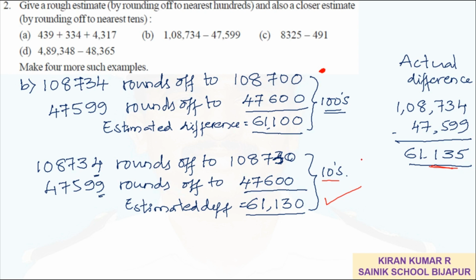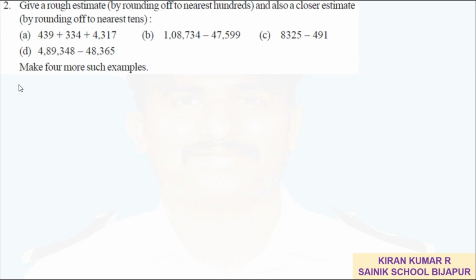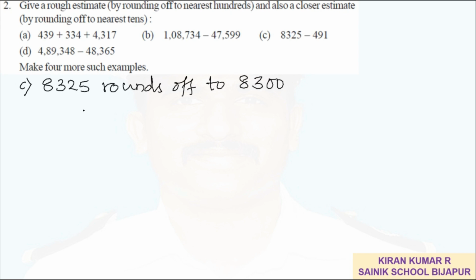Let us move on to this question C. Here we have to find the difference. 8,325 rounds off to 8,300 when you round it off to the nearest hundreds, and 491 rounds off to 500 because you have to look at the tens place in each of these cases.